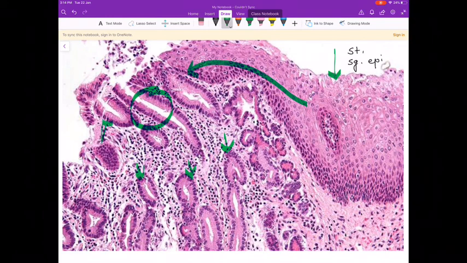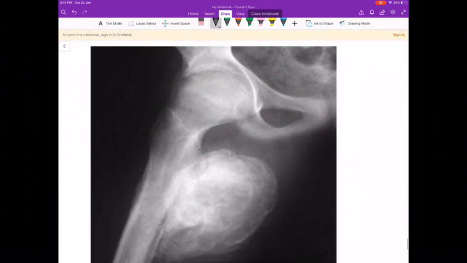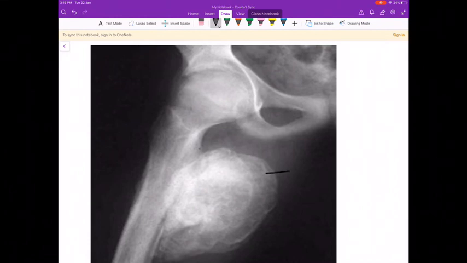So this columnar epithelium, squamous to columnar in the esophagus, answer will be Barrett esophagus. A special stain for this condition is Alcian blue. Type of mucin in the goblet cell is acidic mucin.